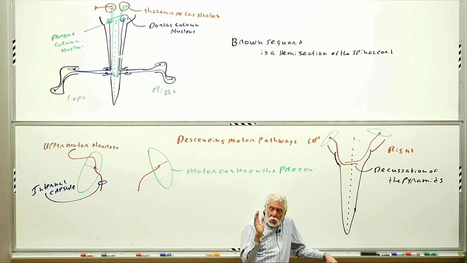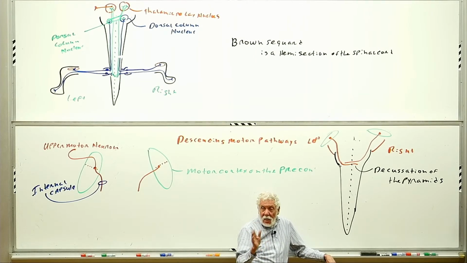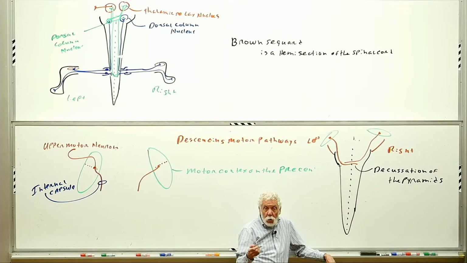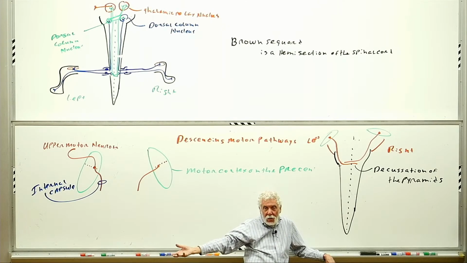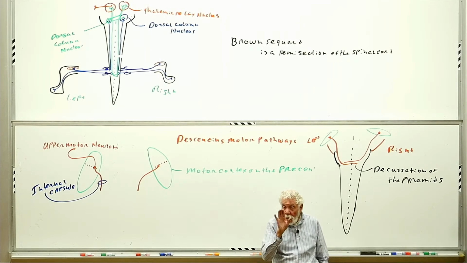So just as we saw with the sensory system, everything crosses over. That is, in the sensory system, if I would poke you in the somatosensory cortex on the left side, you would feel it on the right side. If I poked your somatosensory cortex on the right side, you'd feel it on the left side, because of all those second-order neurons crossing over.